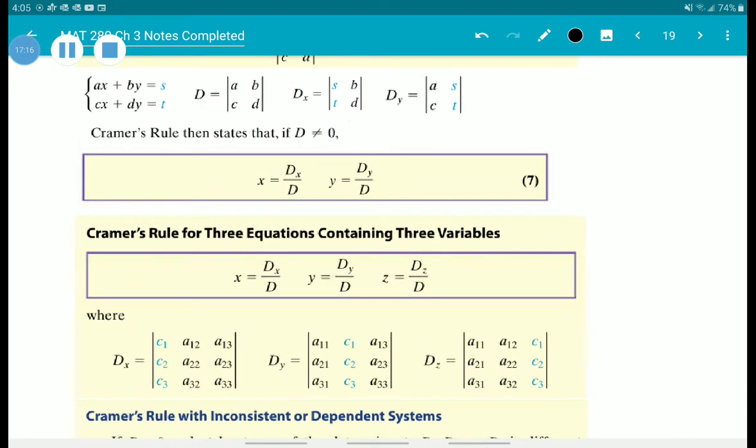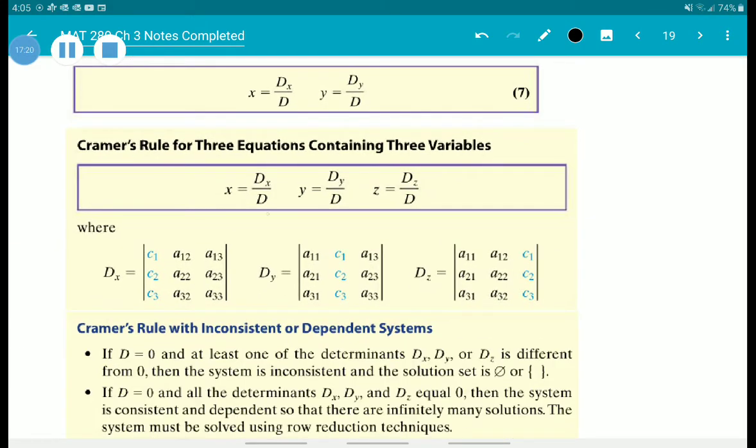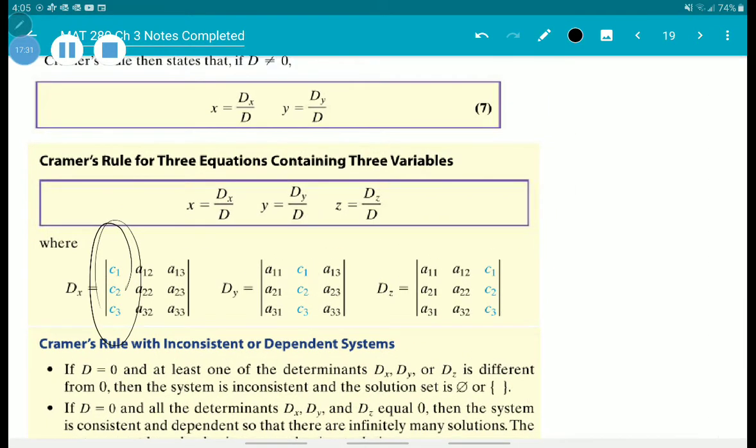Now, we can actually do the same thing in 3 dimensions also, by creating your D, which is still your coefficient matrix, and then replacing that x column with what's on the other side of the equals. So this system of equations looks like this.